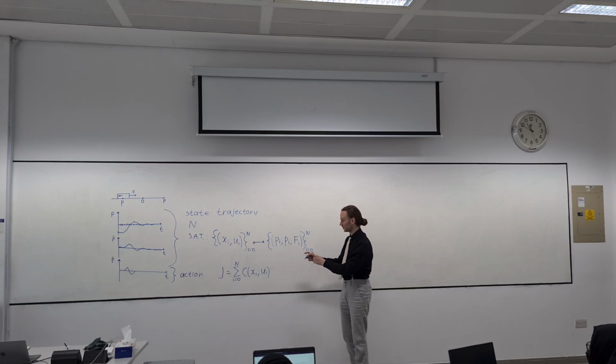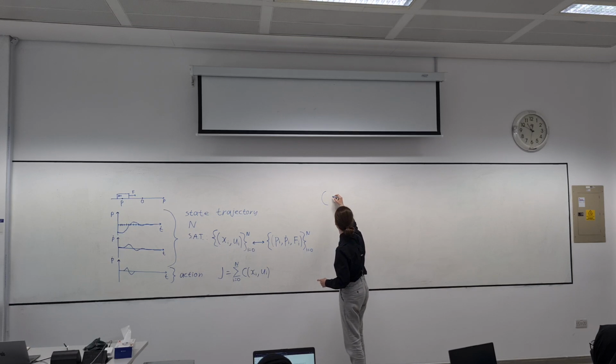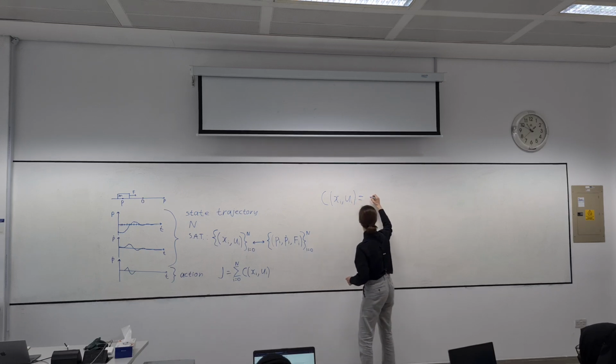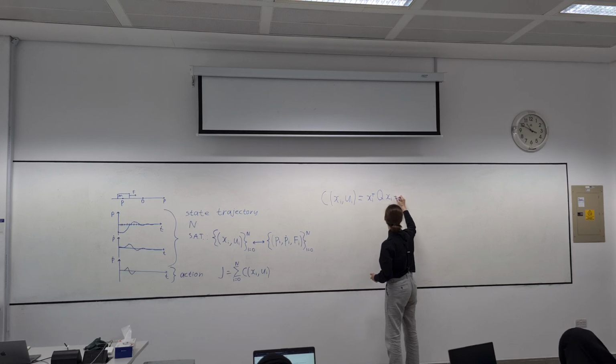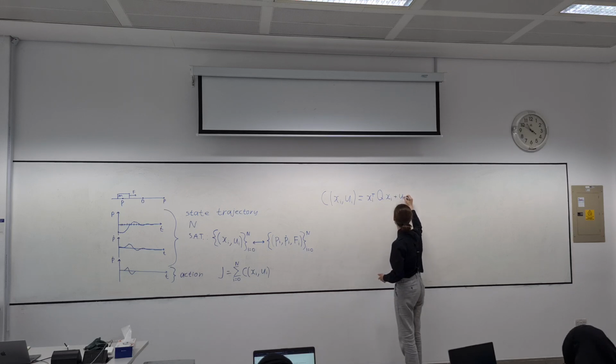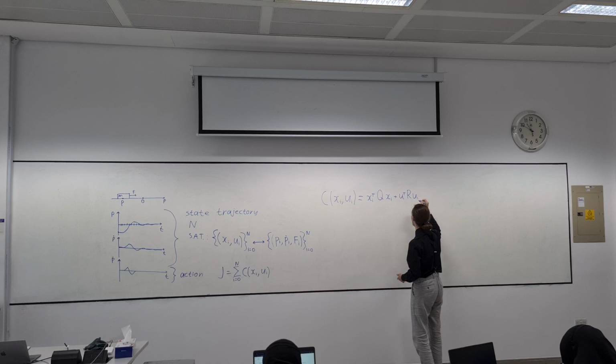So we're going to set this cost in the following form. It will be x sub i transpose, a vector, multiplied by a matrix Q, multiplied by x sub i, plus u sub i transpose R, another matrix, u sub i.